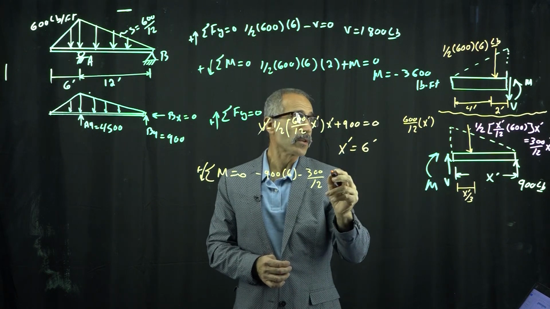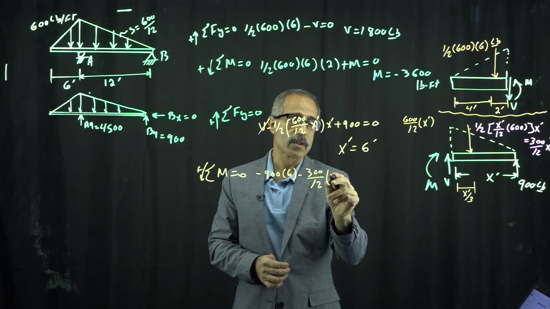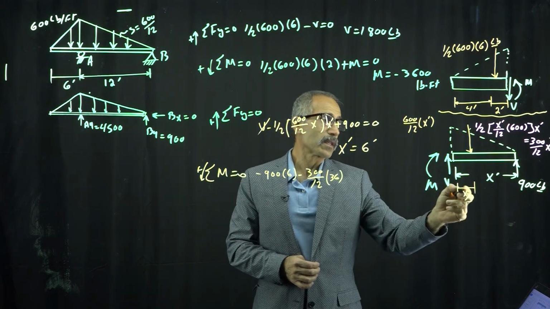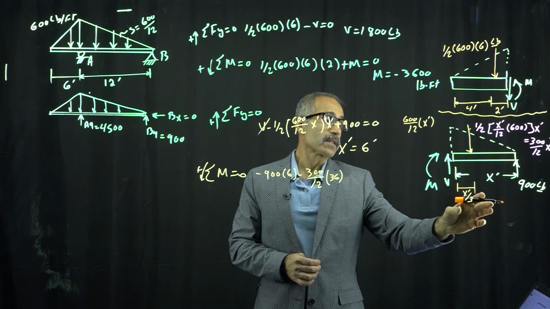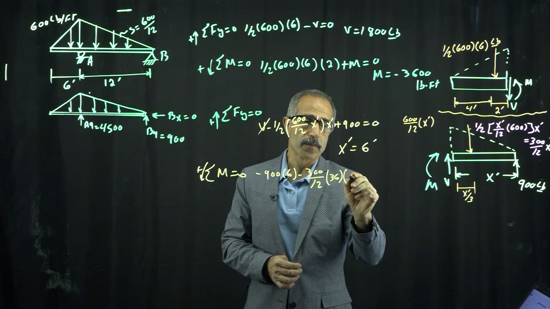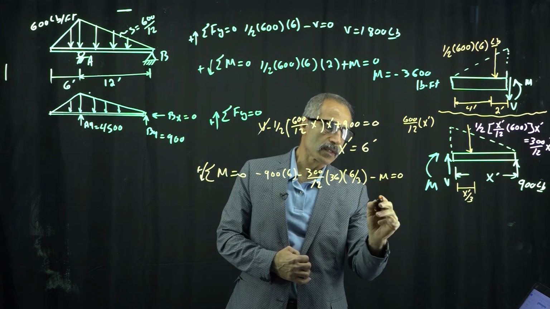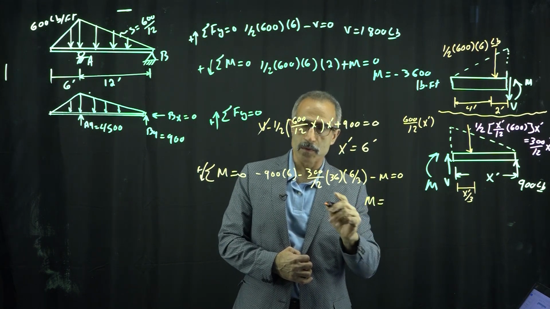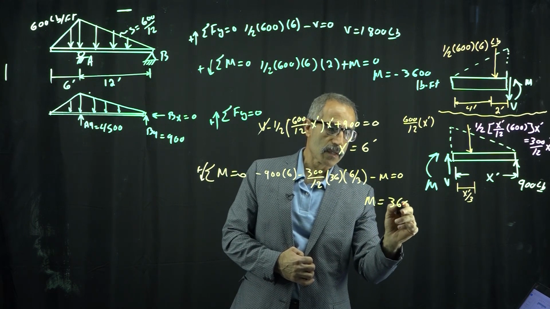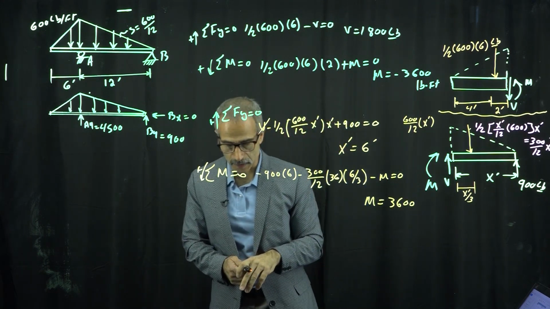The magnitude of this force comes out to times 6 would be 36. And then that's going to be times X over 3. 6 divided by 3 is 2. And minus M is equal to 0. So this M maximum is going to come out to 3,600. Okay, so now we know that we need that.